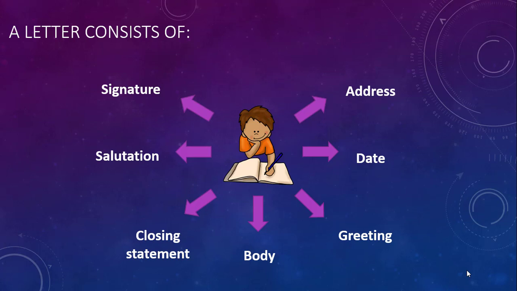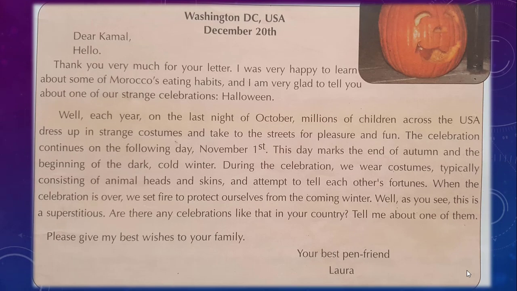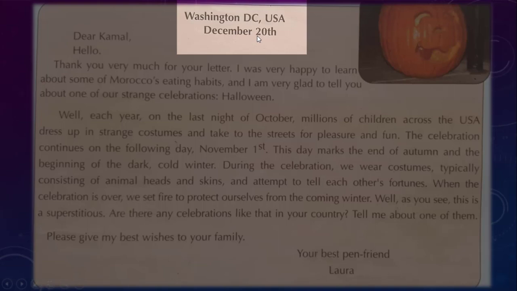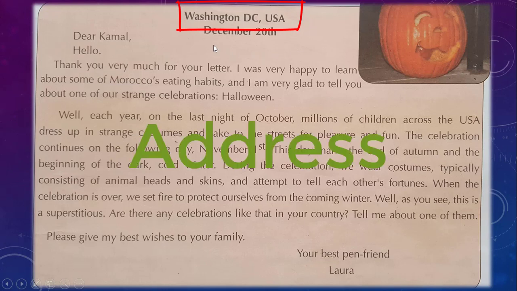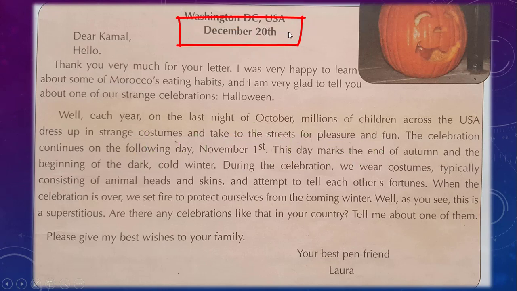Now, let's see all these components in this letter. The first thing you can see here is Washington DC, USA, December the 20th. Washington DC, USA is the address. December the 20th is the date.